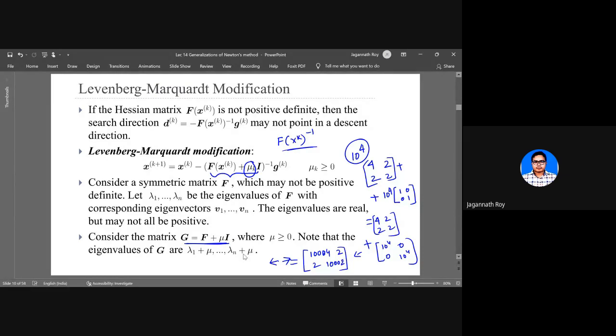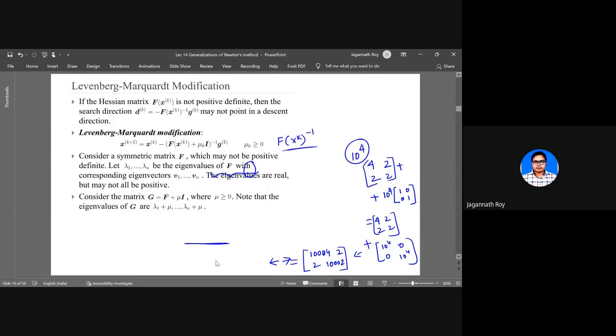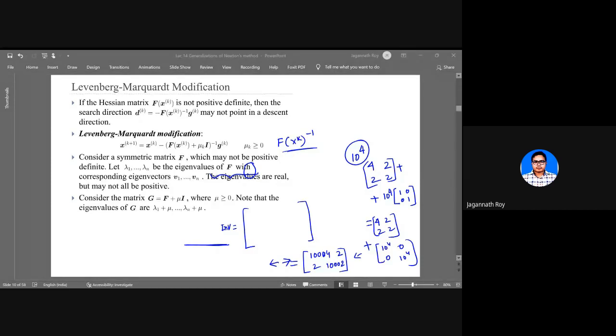So the inverse of this matrix is actually, let me write it down.